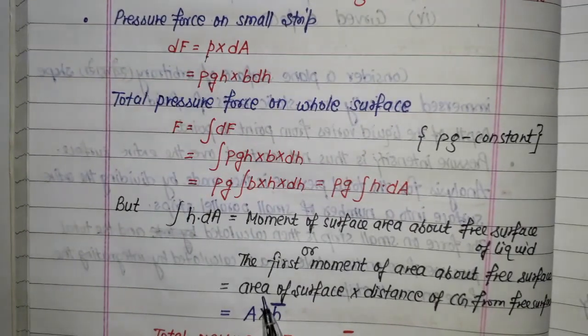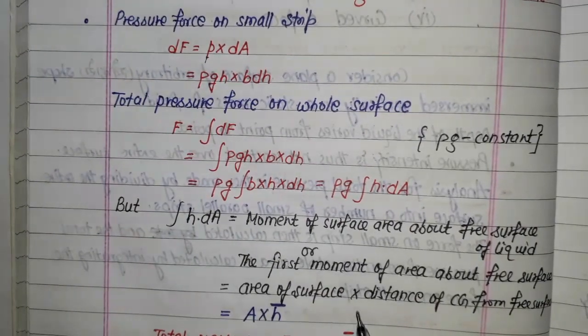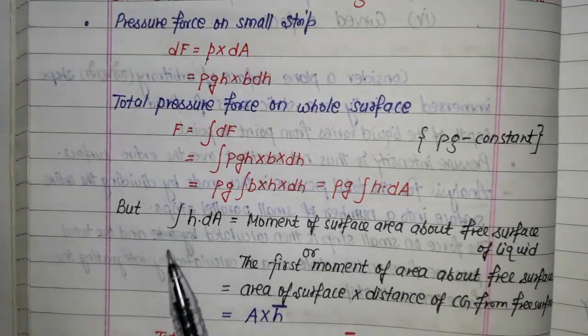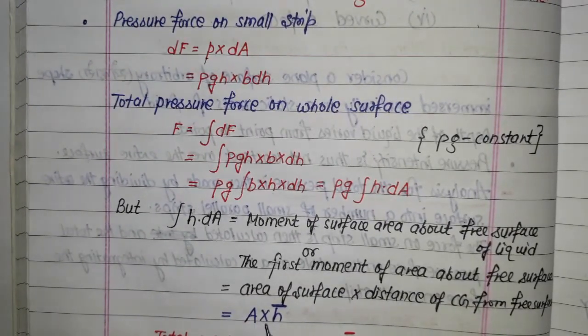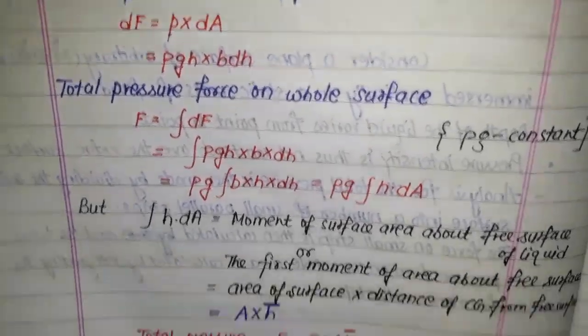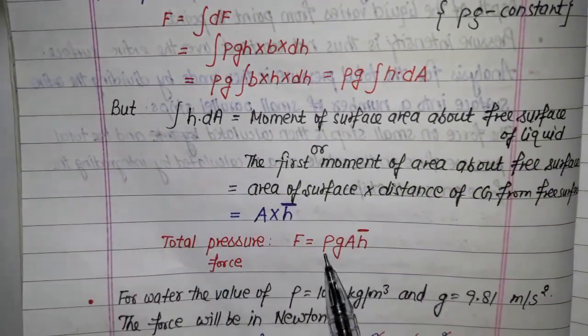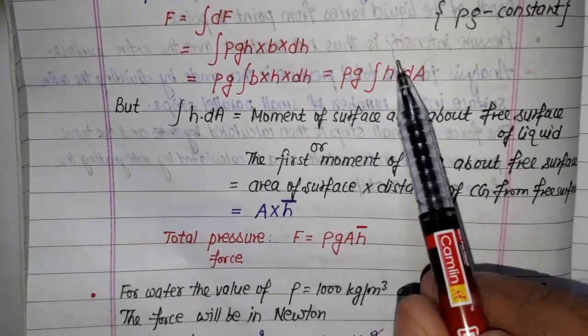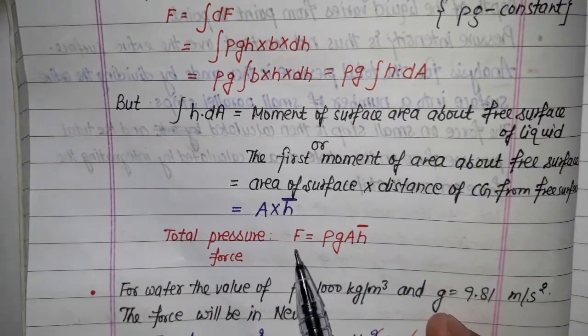Now this is the area of the surface, A, into the distance of CG from the free surface, h bar. So this whole term is equal to A into h bar. So from here the total pressure force F equals rho g A h bar, by substituting the value of integration of h dA.